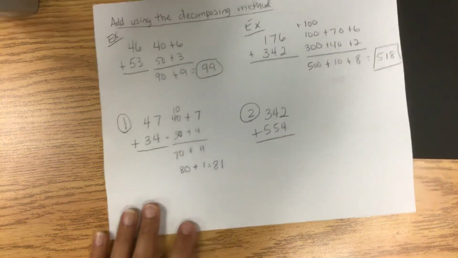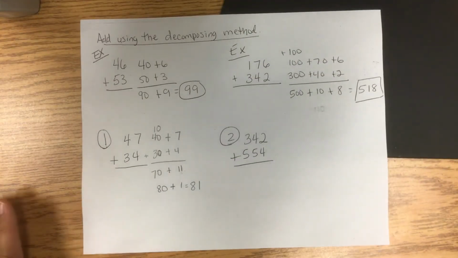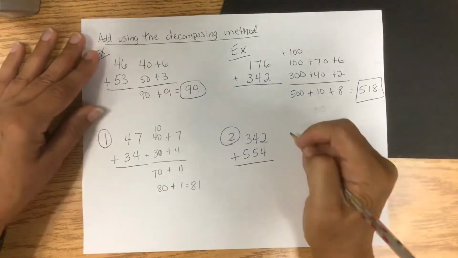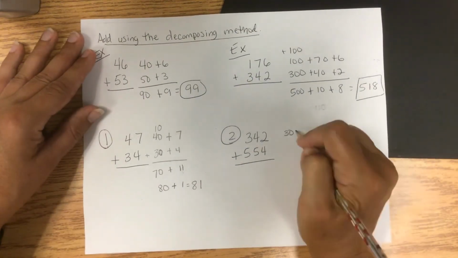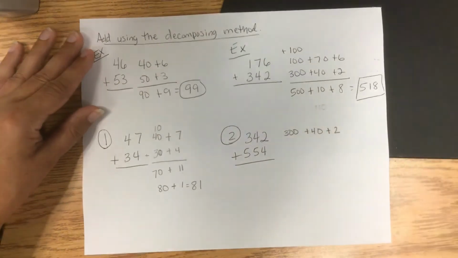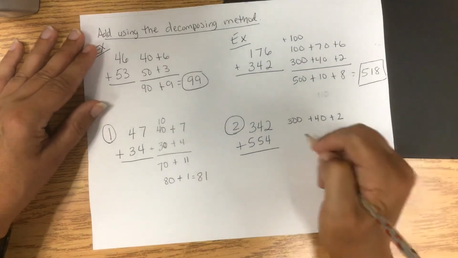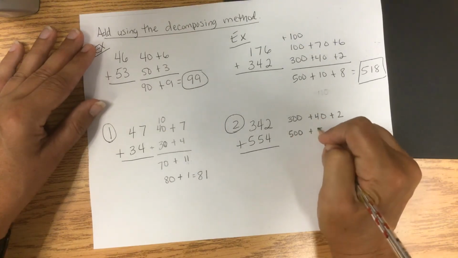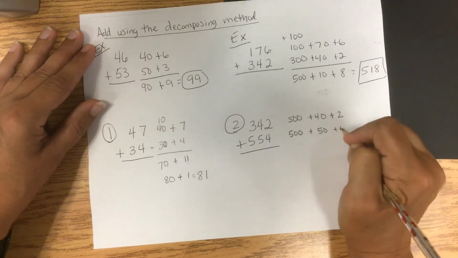Okay, let's look at this example with hundreds. Our first addend is 342. To write that in expanded form, I'm going to write 300 plus 40 plus 2. 554 in expanded form would be 500 plus 50 plus 4.